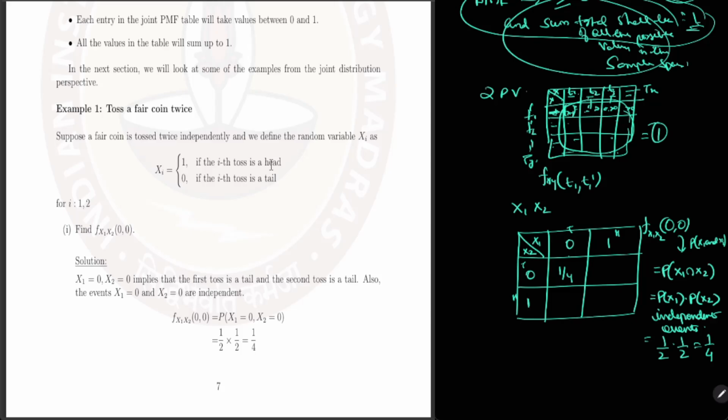Similarly, we compute f X1 X2 when X1 is 1 and X2 is 0, and so on. It's the same type of probability, half into half, 1 by 4 for each. Each entry is greater than 0, and if we add them, the sum is equal to 1. So this is the joint probability, the joint PMF of X1 and X2.